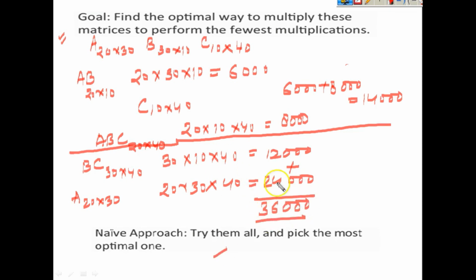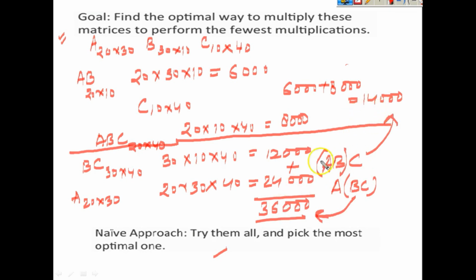So you can see here that for these three matrices, if you multiply AB into C, this is your answer. If you multiply BC and then multiply with A, this is the answer. And you can observe there is so much difference.